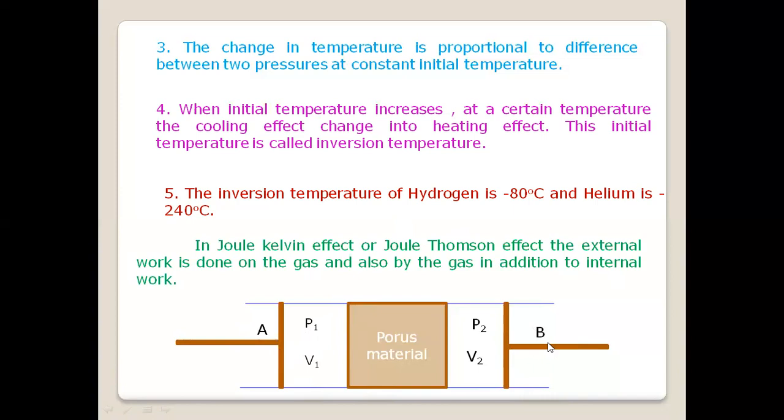Not only this external work, some internal work is also involved, which opposes the attractive force between molecules in the gas. That plays the major role in the cooling effect.